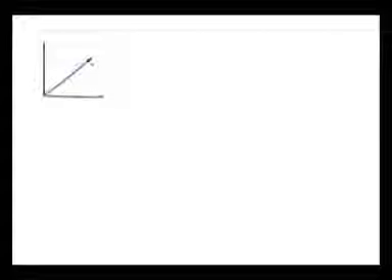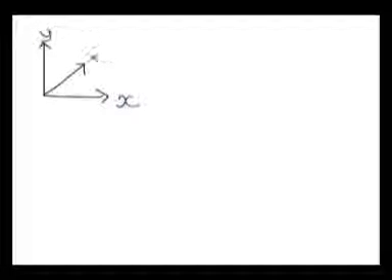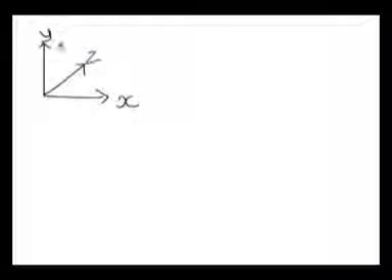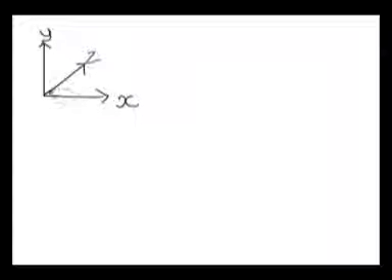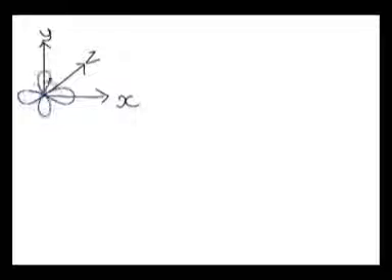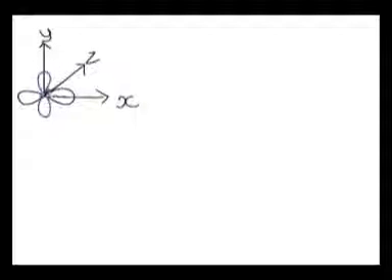So there are 3 axes that we can think about when thinking about carbon. So we have an x-axis, a y-axis, and a z-axis. So that creates a 3-dimensional space. And you will have a P subshell along the x-axis, so that's px, a P subshell along the y-axis, which will be py, and a P subshell along the z-axis, which will be pz.